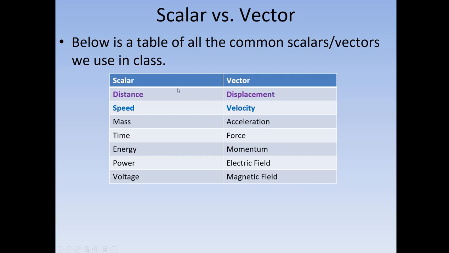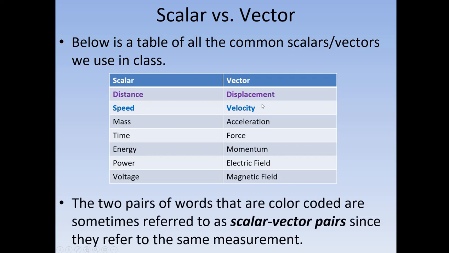One thing you may notice though is that I have two measurements colored purple and two colored blue. That's because these are usually referred to as scalar vector pairs, in the sense that they're both measurements of the same thing, but one's a scalar, the other one's a vector. So, for example, if we are finding how far someone travels, the scalar version of how far someone travels is distance.